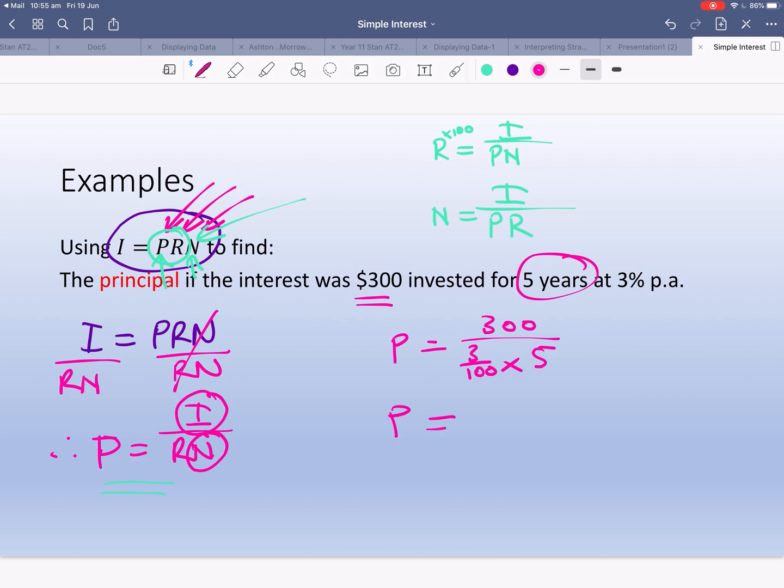So we'll go 300, and we're going to put it in our calculator. And I get $2,000. So principal is our starting amount. So with $2,000 invested over 5 years at 3%, you earn $300 as interest.